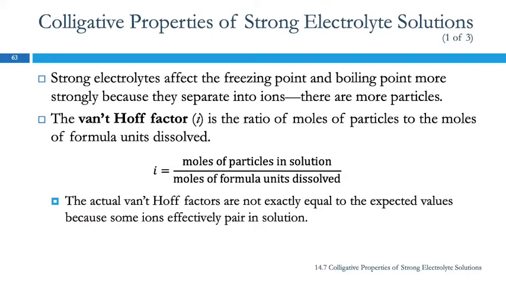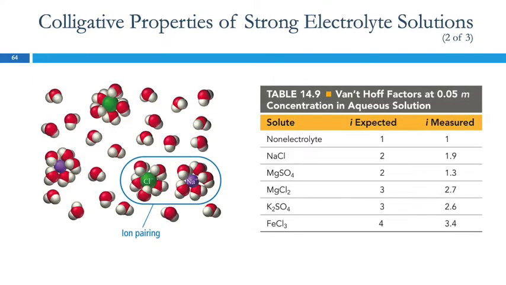So actual Van 't Hoff factors are not exactly equal to the expected values because some ions effectively pair up even when they're in solution. And so this is a picture of that.